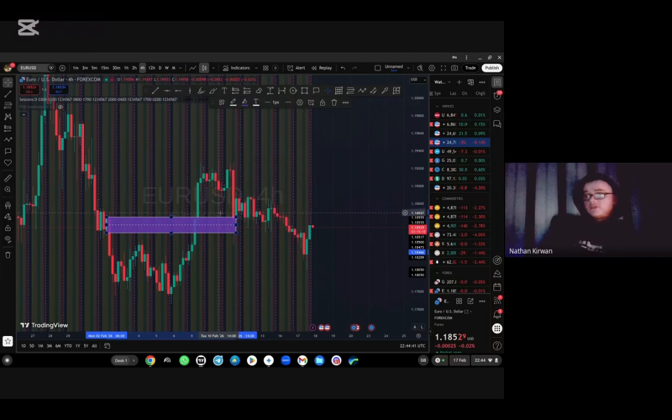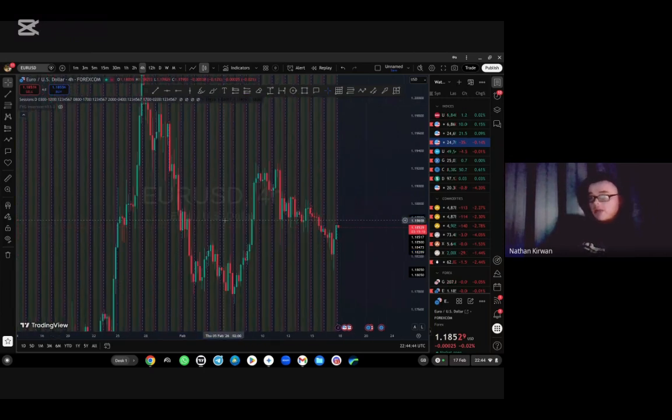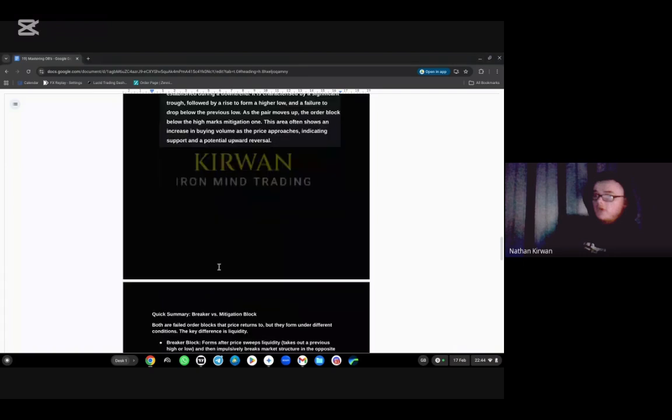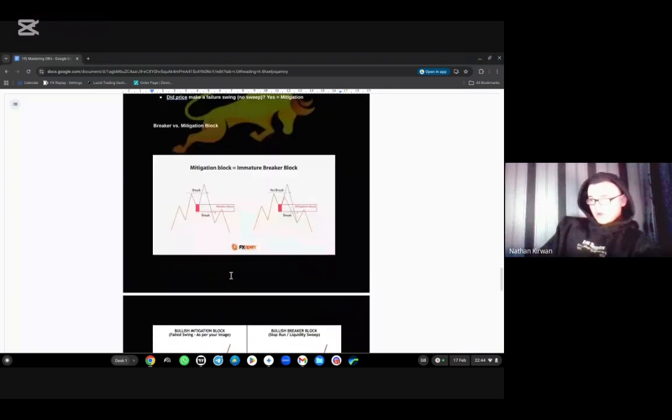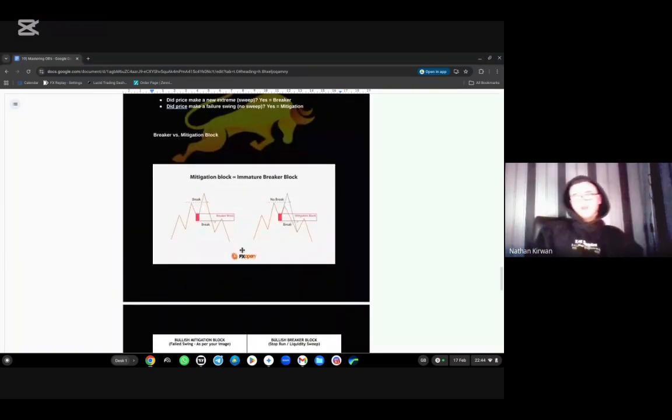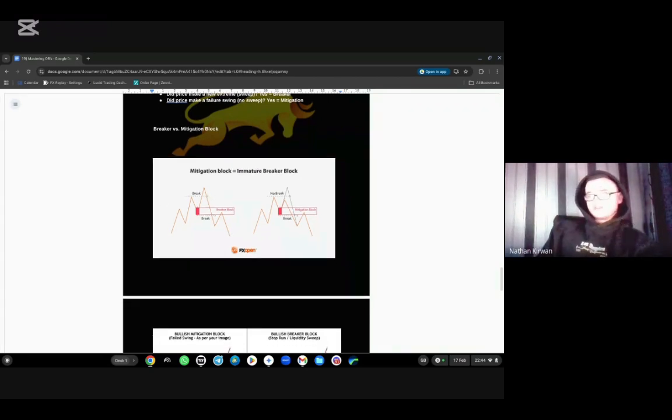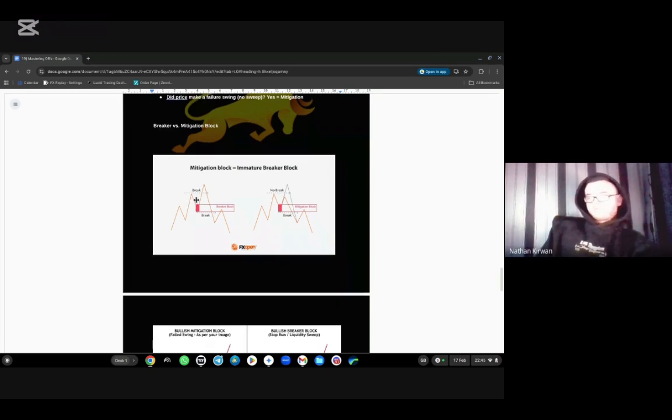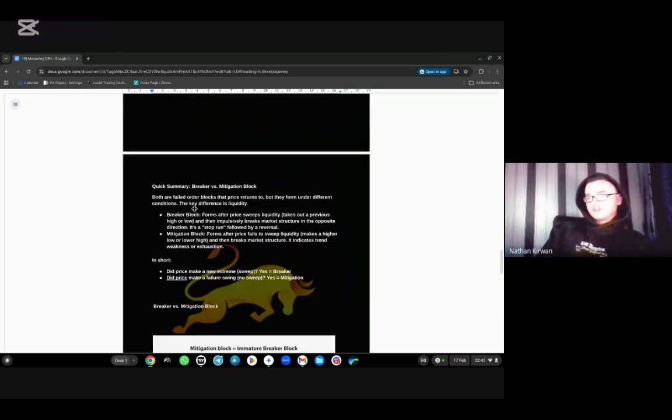Now the difference between an order block and a breaker block, stick with me, and a mitigation block is the way the break occurs. So if we look at this chart here, we have a mitigation block. All it is is an immature breaker block. So it's just a breaker block that didn't sweep liquidity. So if we look at this diagram on the left, do we have a definition here?